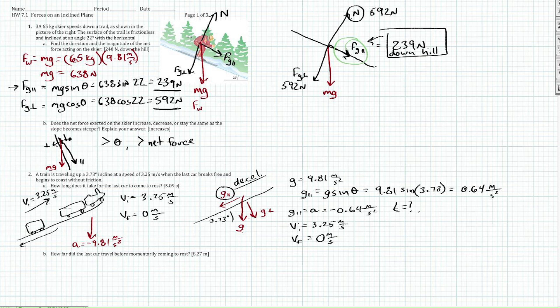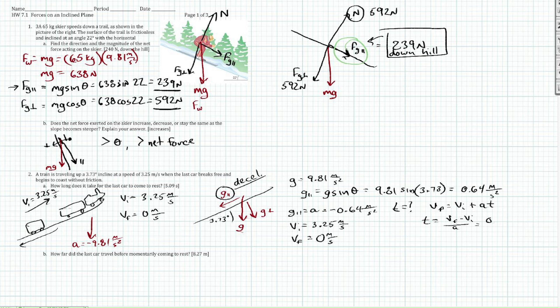We don't know that, but we soon will, because we know that v final equals v initial plus acceleration times time. That means that solving for time, that equals v final minus v initial over a.